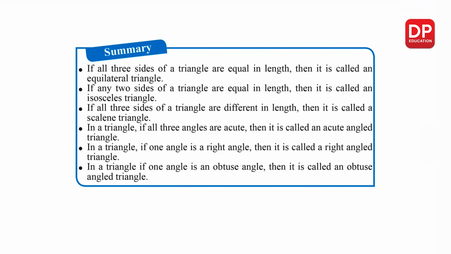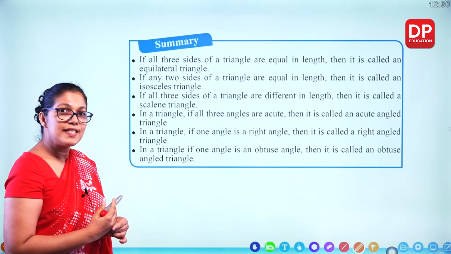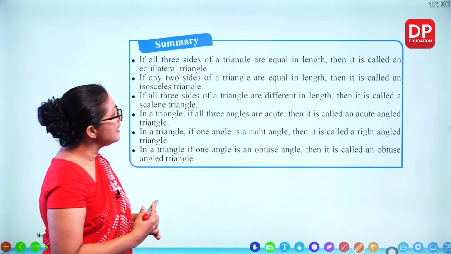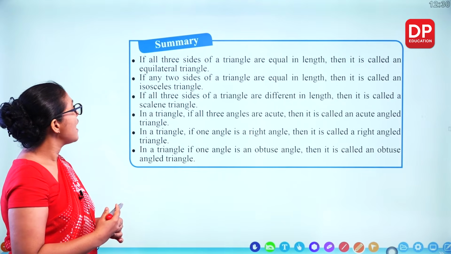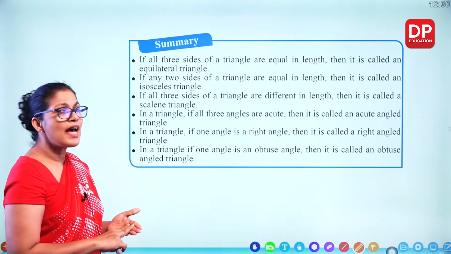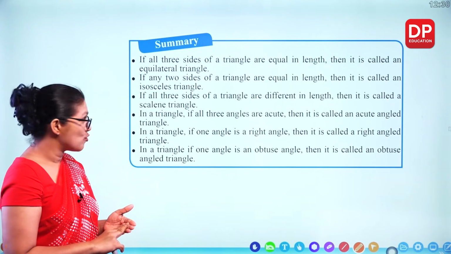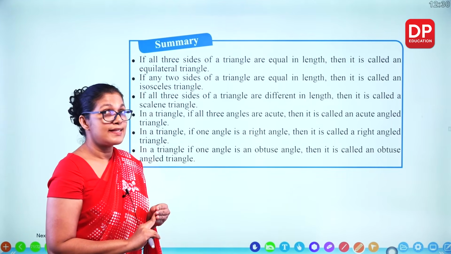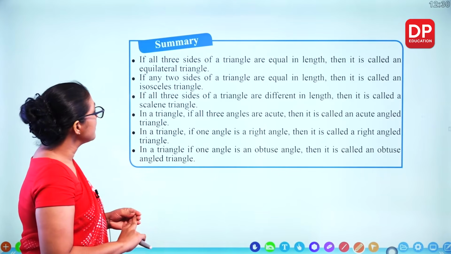So we covered second part of this lesson. So what did we discuss here? All 3 sides of a triangle are equal in length, then it is an equilateral triangle. If any 2 sides are equal, we call it isosceles triangle. If all 3 sides are not equal, that's a scalene triangle.